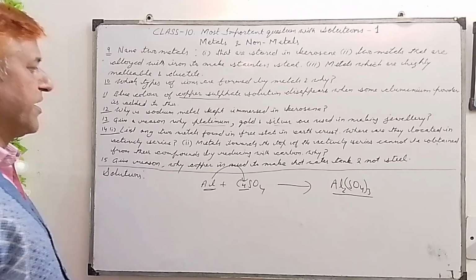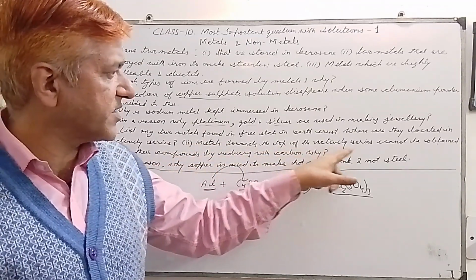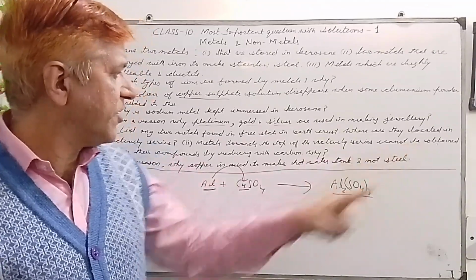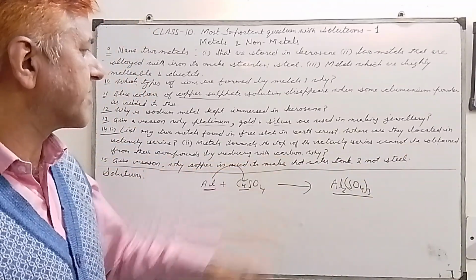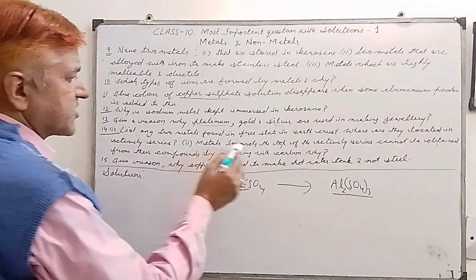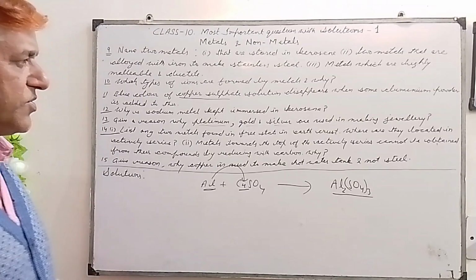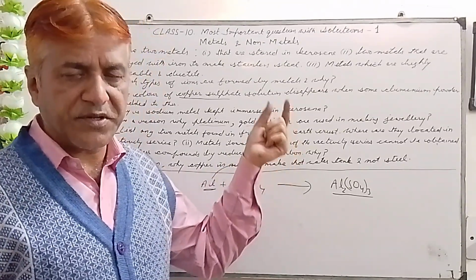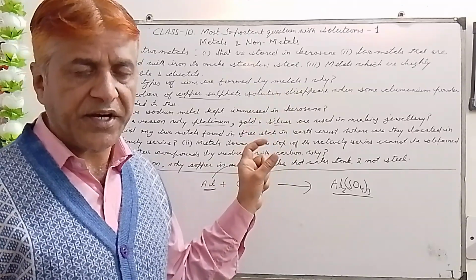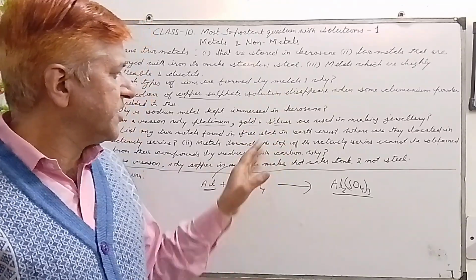Second, metals towards the top of the activity series cannot be obtained from their compounds by reducing with carbon. Once again, metals towards the top of the activity series. My dear students, you must remember the metals lying in the activity series.